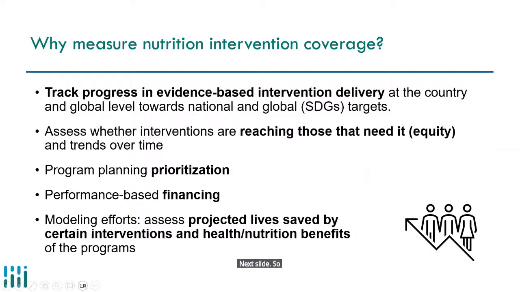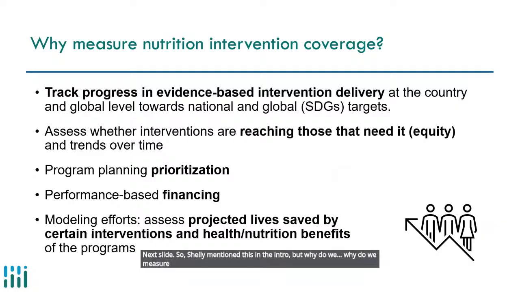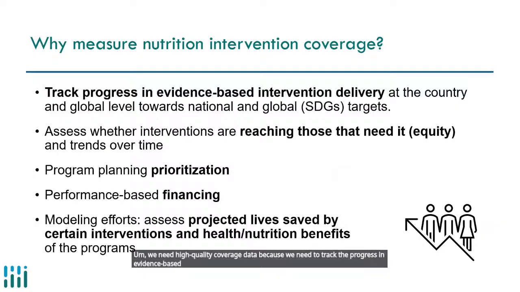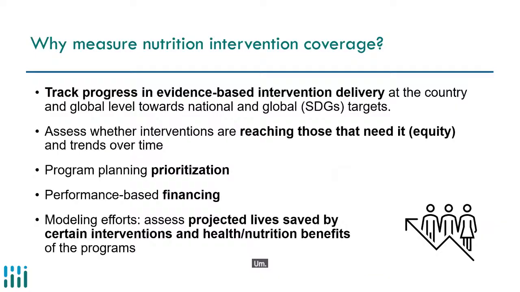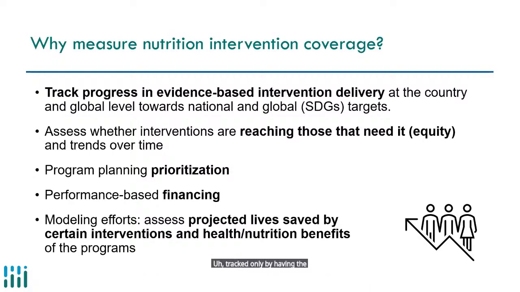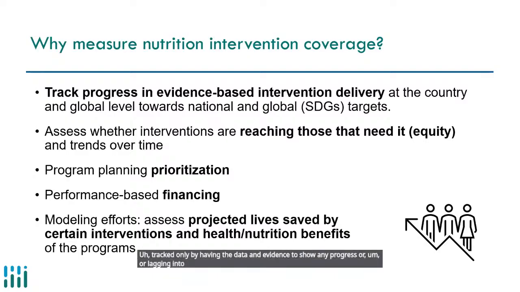So Shelley mentioned this in the intro, but why do we measure nutrition intervention coverage? We need high quality coverage data because we need to track the progress in evidence-based intervention delivery at the country and global levels. In most countries and at the global level, there are targets to be reached, and those can be tracked only by having the data and evidence to show progress or lagging in the efforts and actions.